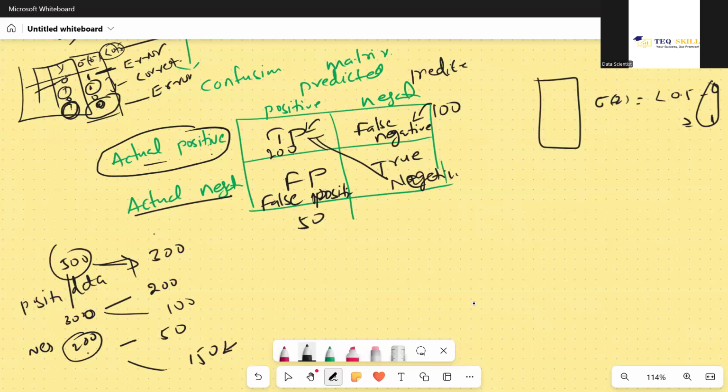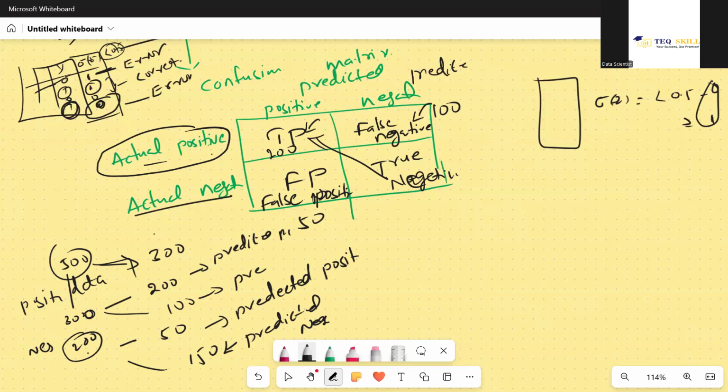And the remaining 150 you predicted as negative, so that is a true negative of 150. So actual positives: 200 predicted positive and 100 predicted negative. Actual negatives: 50 predicted positive and 150 predicted negative.